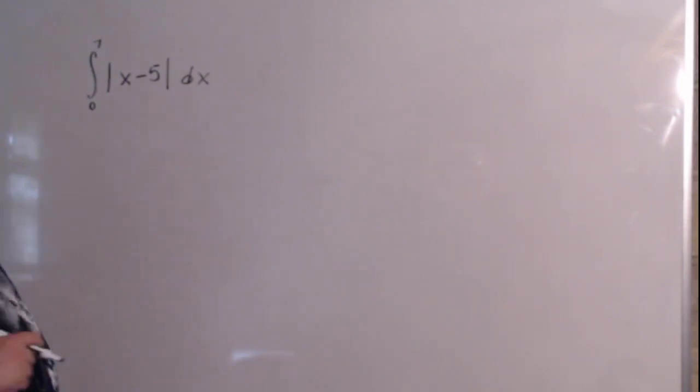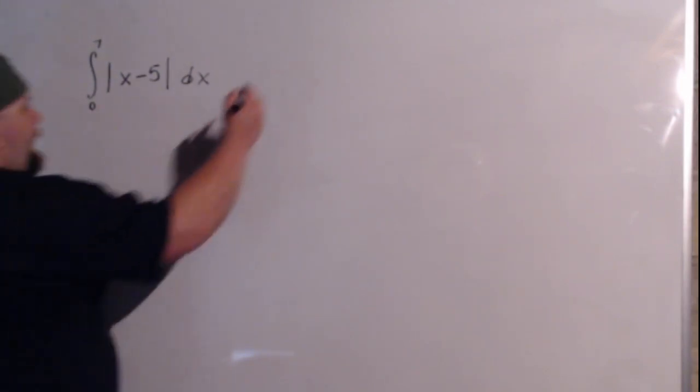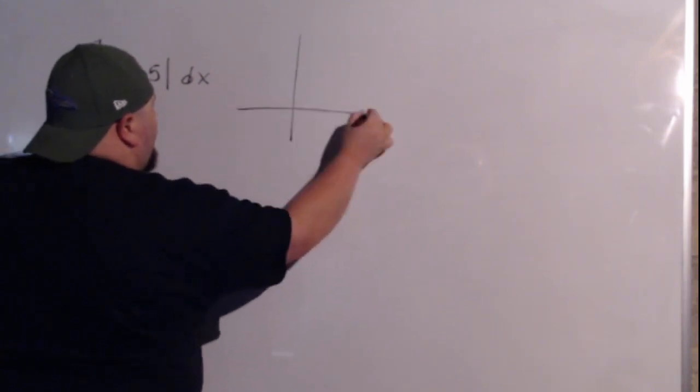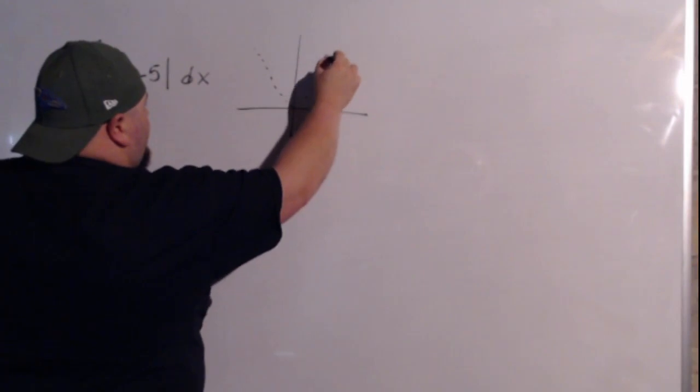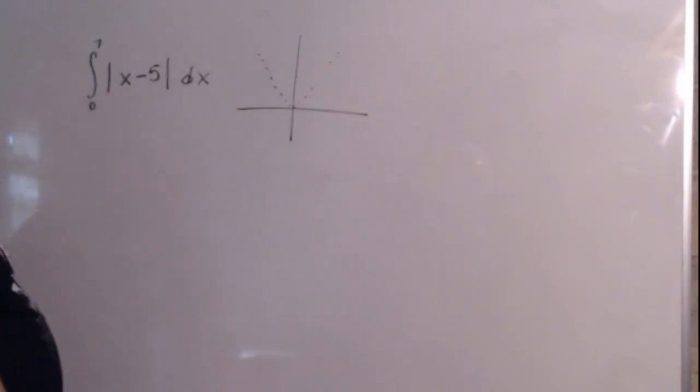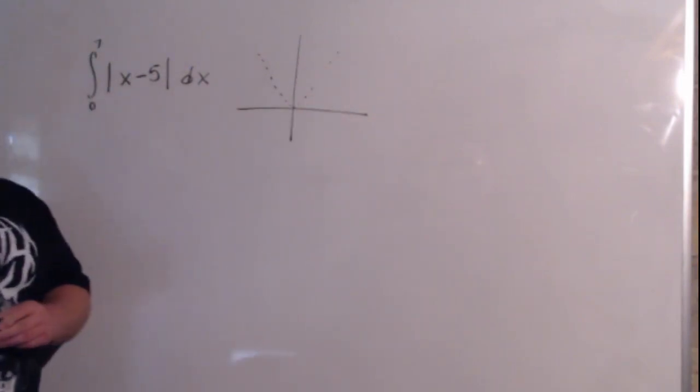So what does the absolute value of x minus 5 look like? Well, we know that absolute value looks like this. So what does the absolute value of x minus 5 look like?